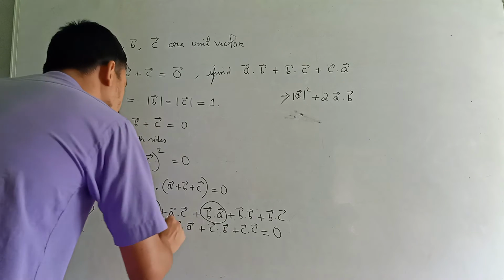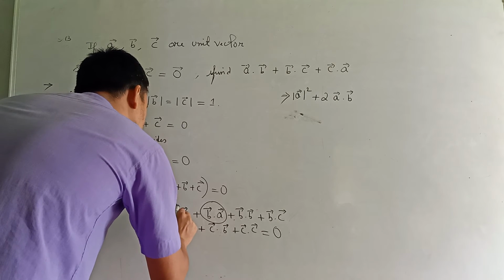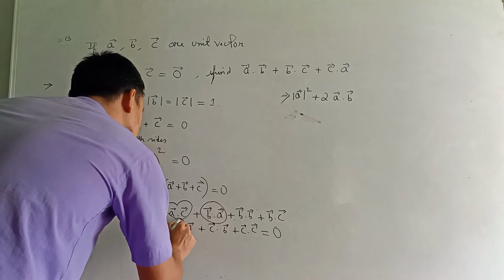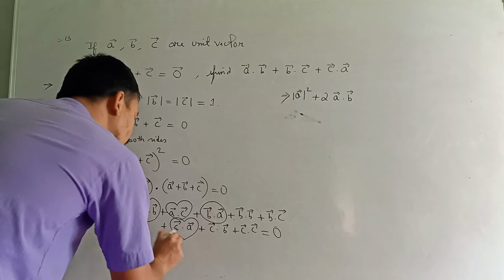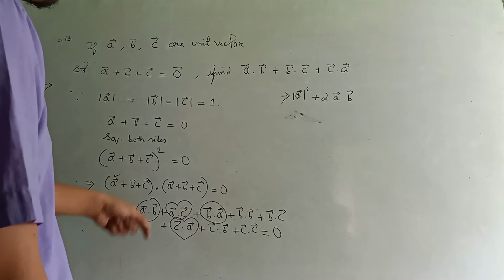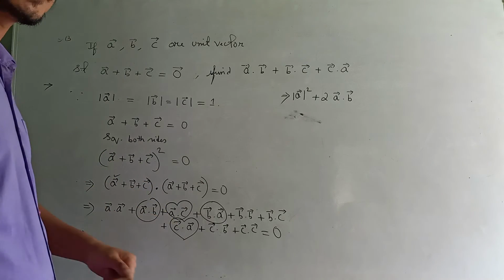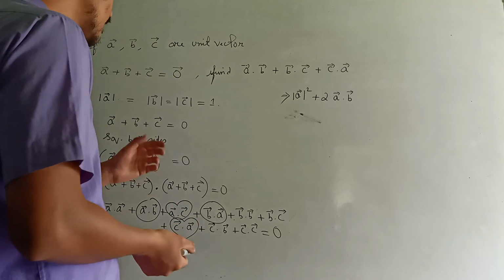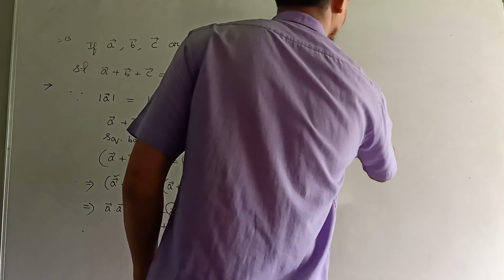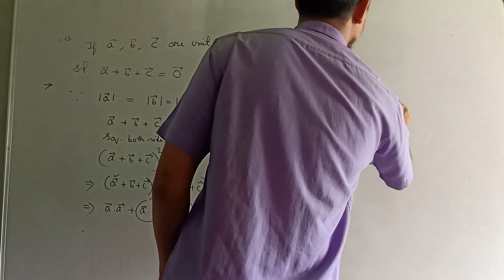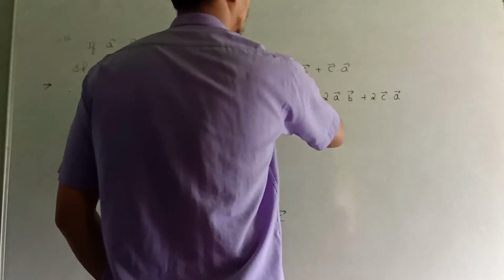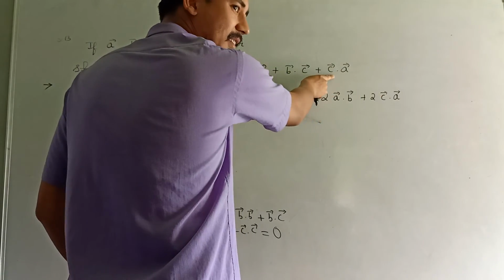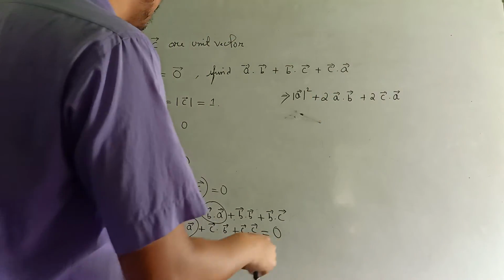Now, A dot C is the same as C dot A. So A dot C plus C dot A is twice C dot A. I'm writing C dot A because that's what I need, instead of A dot C.